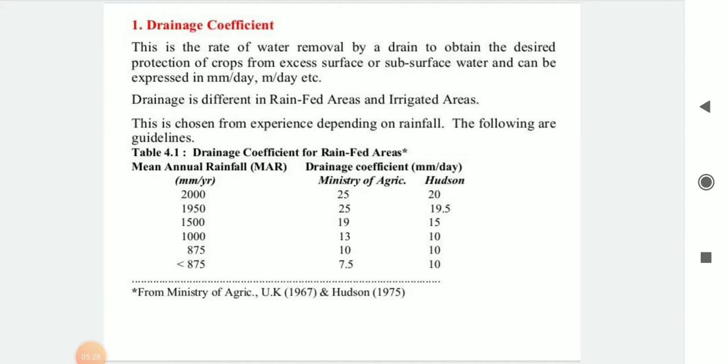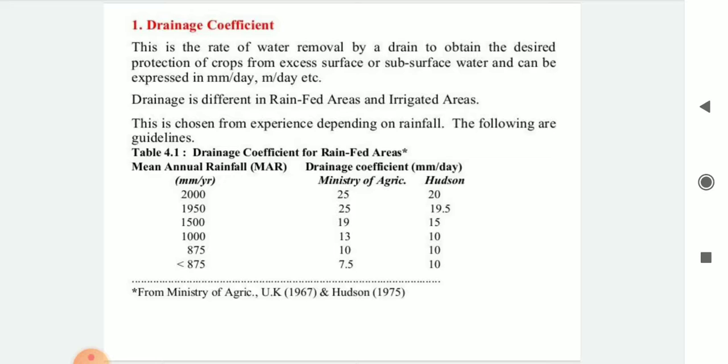This is the rate of water removal by a drain to obtain the desired protection of crops from excess surface or subsurface water, and can be expressed in mm per day or m per day. Drainage is different in rain-fed areas and irrigated areas. This is chosen from experience depending on rainfall. The following are the guidelines.